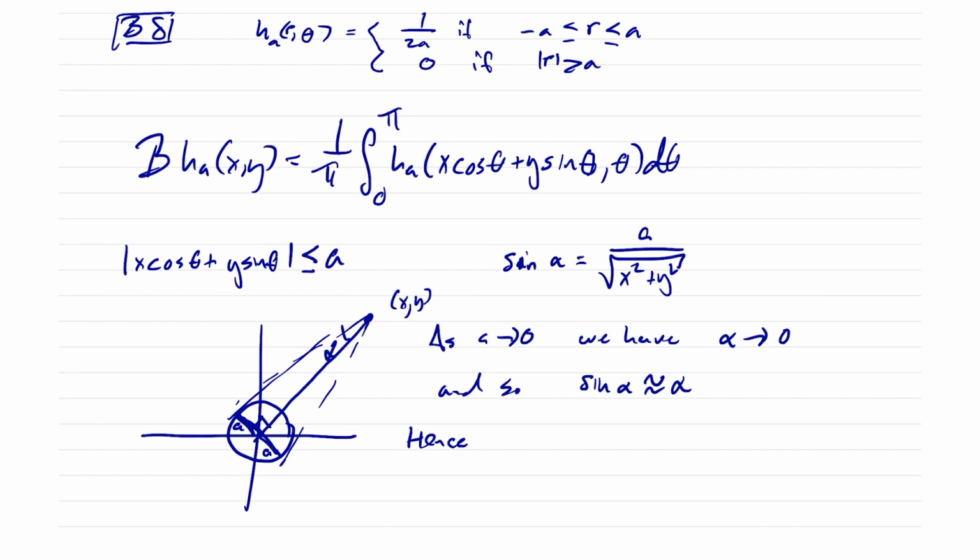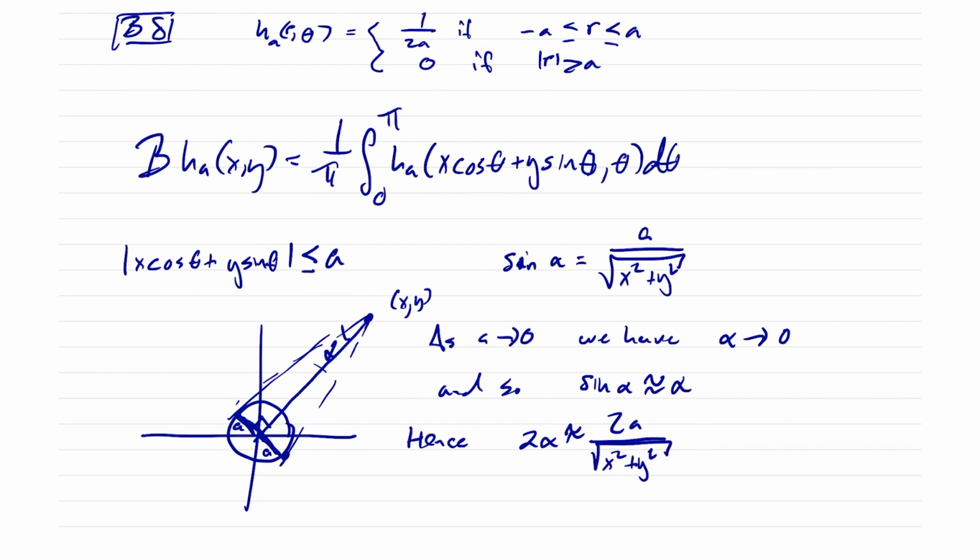So if we consider this ranging from negative alpha to positive alpha, the overall contribution of the integral is going to be 2 alpha, approximately equal to 2a over the square root of x squared plus y squared.